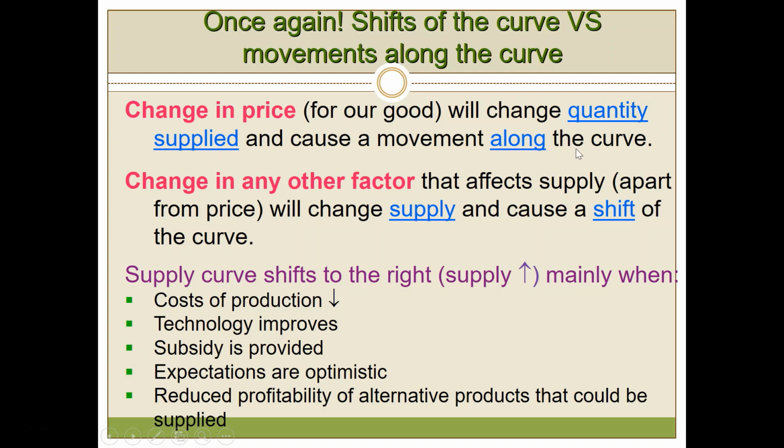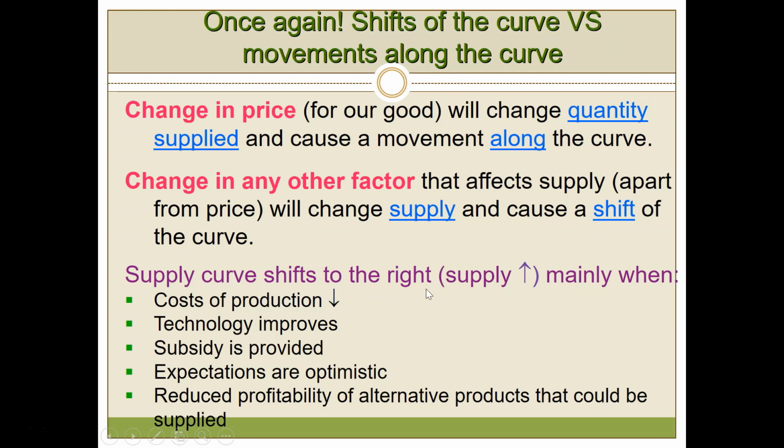The supply curve will remain unchanged, but we will simply move upwards or down along it. While if we experience a change in any other factor which will affect supply apart from the price, it will change the whole supply relationship, not just quantity supplied, and will cause a shift in the supply curve.